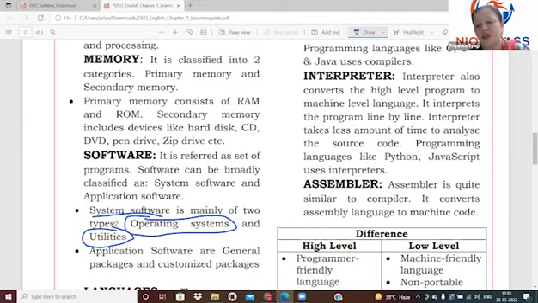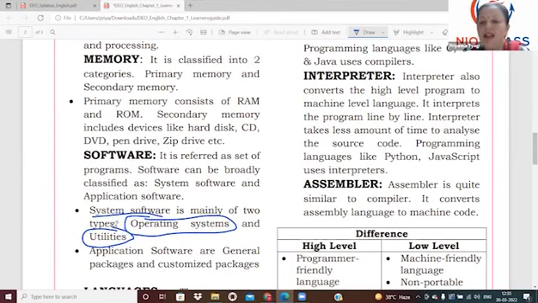Now, utility software. Without giving so much explanation, I will give you an example of utility software. Doesn't matter which device we are using, whether a desktop, a laptop, a tablet, or a mobile, in those devices we are using different kinds of operating systems, and we are using scanning software, which has the responsibility to scan for viruses when we are using the internet.